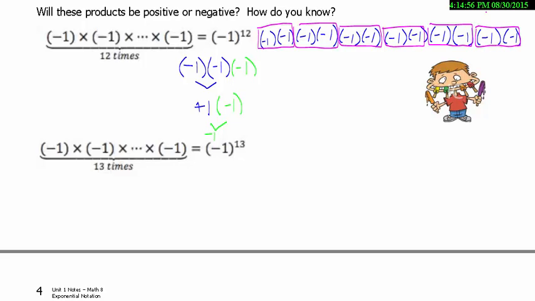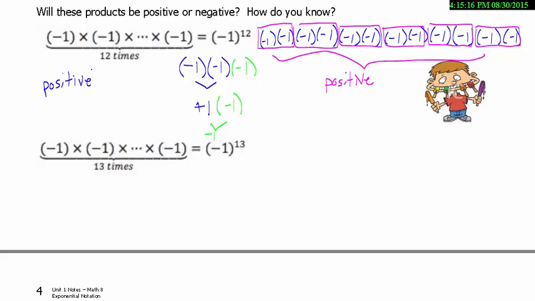So all of these end up giving us a positive answer because positive 1 times positive 1 is positive 1. So I guess what we would write down over here, will the products be positive or negative? Well, they will be positive.